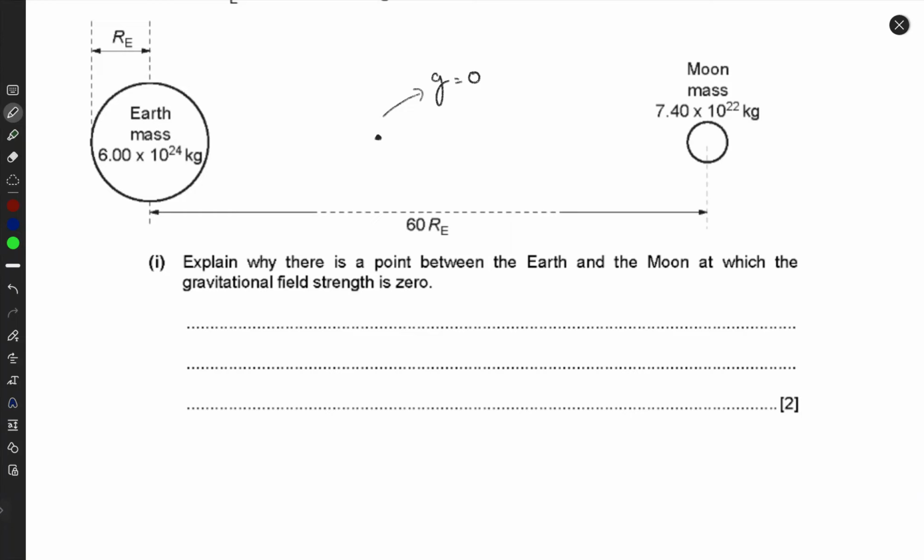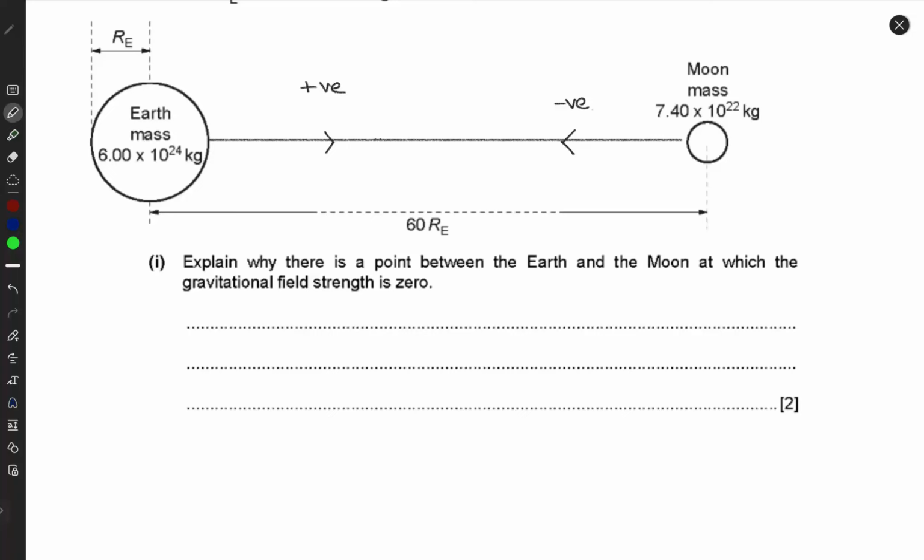Now, yes, you can talk in terms of forces as well. If you look at the vector pointing from the Earth to the moon, and I draw this line, the force is attractive, so the vectors would be pointing in these directions, right? Because the forces, or you could also talk in terms of gravitational field strength, are in opposite directions, when you add these two, this would be a positive thing and this would be a negative thing.